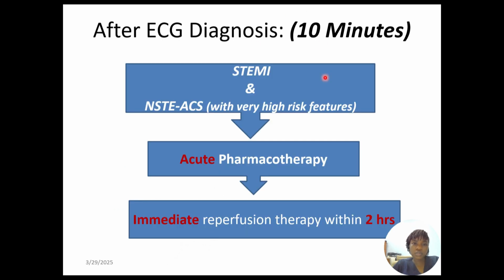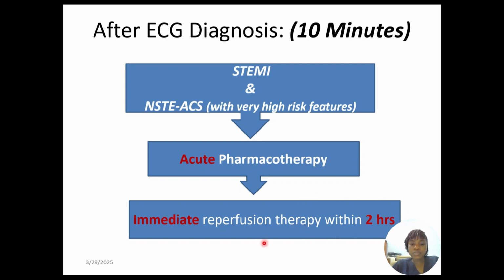Once the diagnosis is made using ECG within the first 10 minutes, the decision must be made for immediate reperfusion therapy. Now, those who are diagnosed with ST elevation myocardial infarction and non-ST elevation acute coronary syndrome with very high risk features should have immediate reperfusion therapy within 2 hours of presentation.